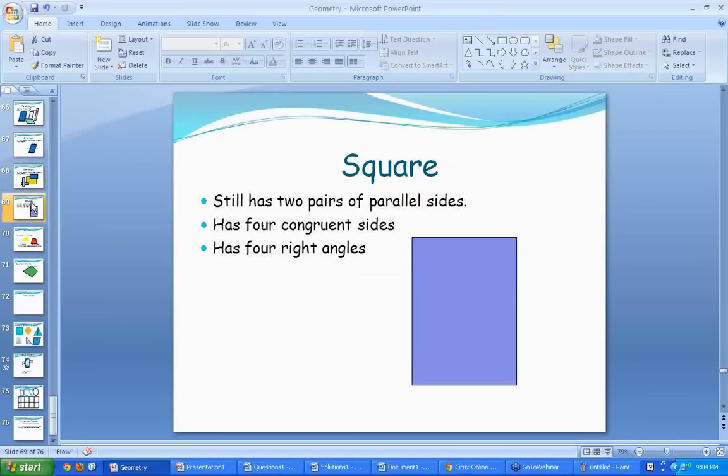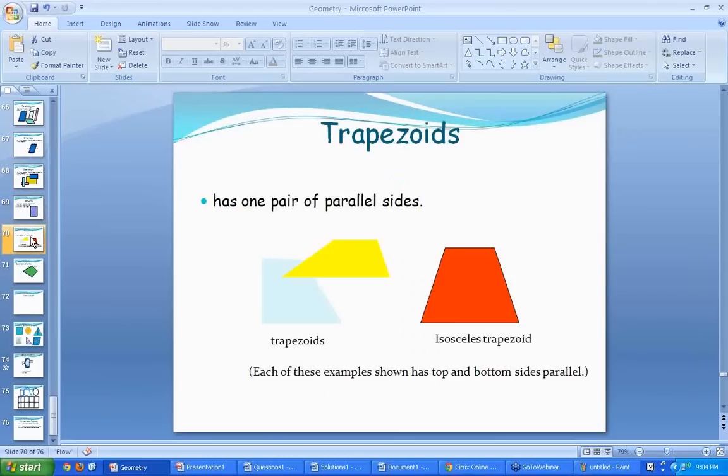Square, all sides equal, angle 90 degrees. Trapezoids are quadrilaterals which have only one pair of parallel sides. Okay, so you can have isosceles trapezoids in which two sides are equal, or normal trapezoids.